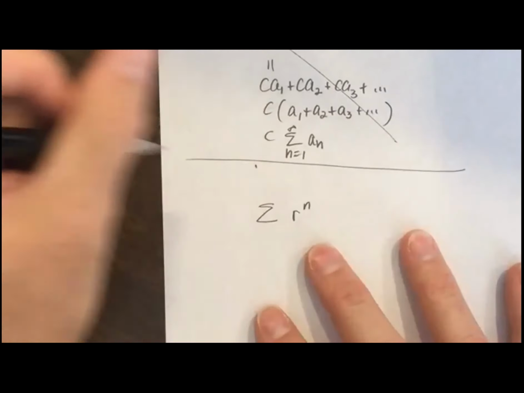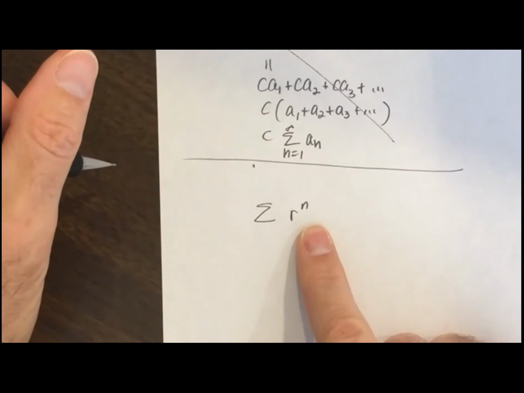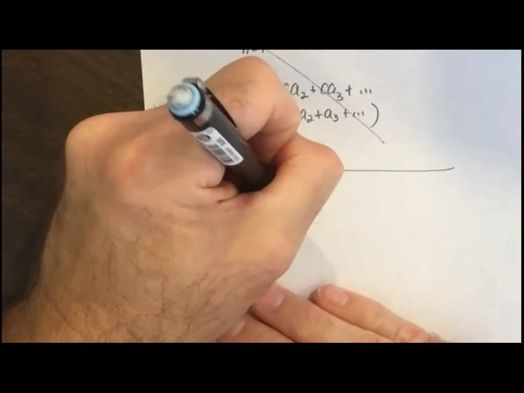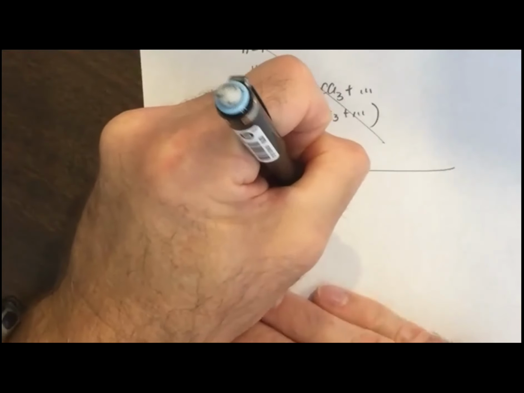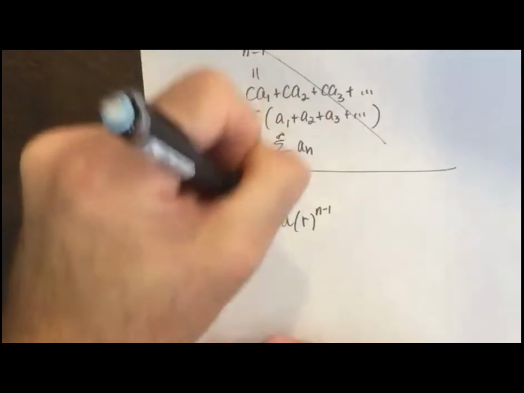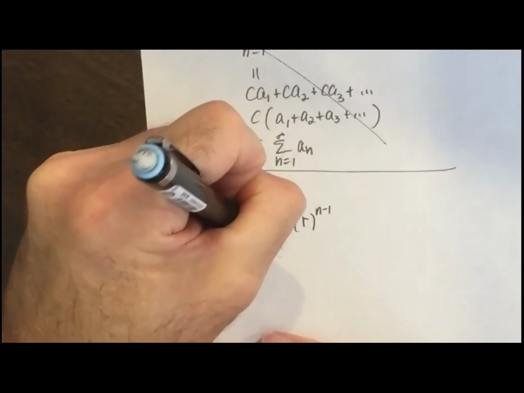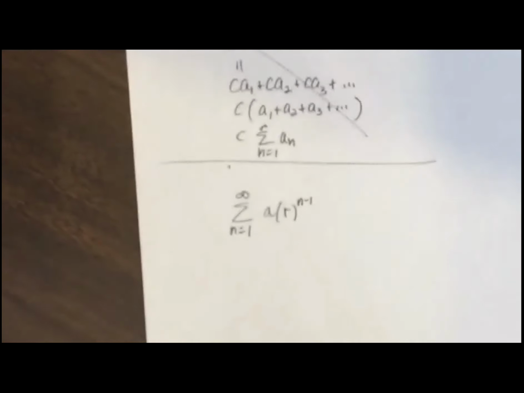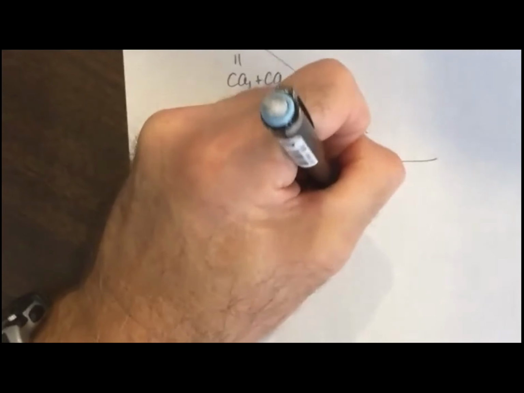Okay, so if we have ratios to powers, in fact, we had this kind, right? A first term times a ratio to a power. We even wrote it to the n minus 1. So n equals 1 to infinity. This is what we called geometric.